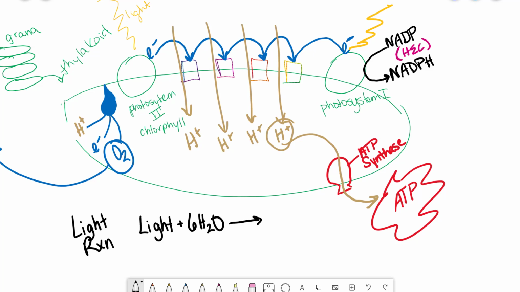And then from that light and water, we got NADPH and ATP. Now notice what we don't have is food. We have energy, but no food. But I forgot to mention, we released oxygen out into the atmosphere.